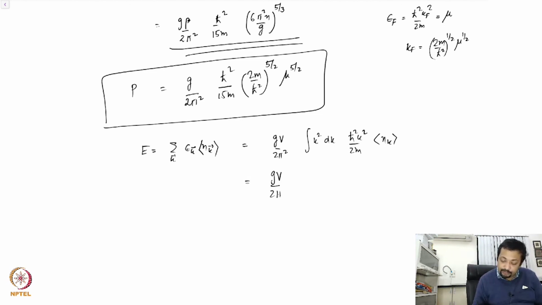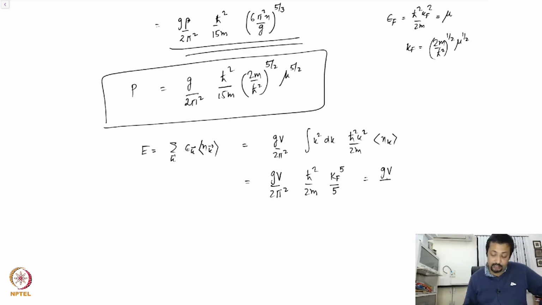So this is going to be GV over 2 pi squared, h bar squared over twice m, and I'm going to have k_F to the power 5 over 5, right? And once again, this is going to be just GV in terms of the chemical potential. The energy is going to be twice pi squared, h bar squared over twice m, and I'm going to have (twice m by h bar squared) raised to the power 5/2, mu to the power 5/2. And this factor is going to be 10, 5 multiplied by 2.